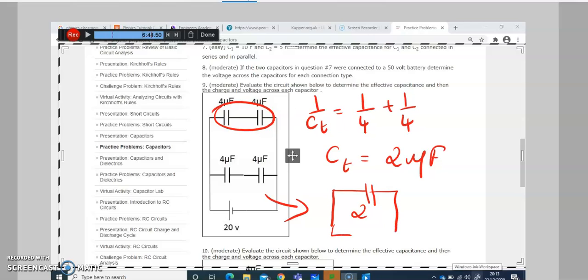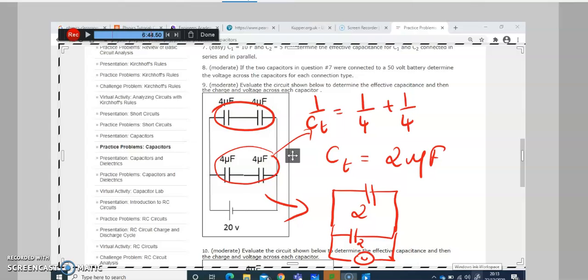And then even for the next one, it's the same. You just use the formula 1 divided by C total is equal to 1 divided by C1 plus 1 divided by C2. C1 and C2 is 4. So it's going to be again 2 microfarad. And then you have your voltage, which is going to be 20 volt.